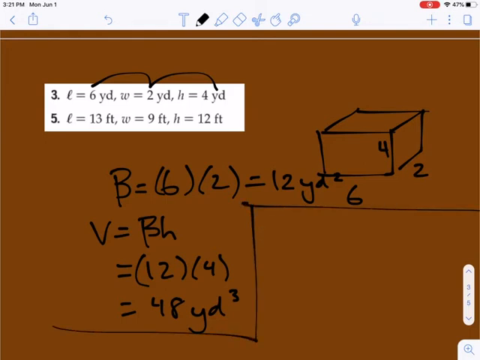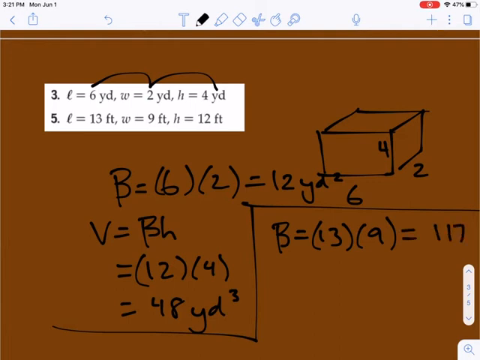So this last one here, we've got 13, 9, and 12. My base on that is going to be my length and my width. So my base is going to be 13 times 9. Well, 13 times 10 is 130. And if you subtract 13 from 130, that's going to give you 117.